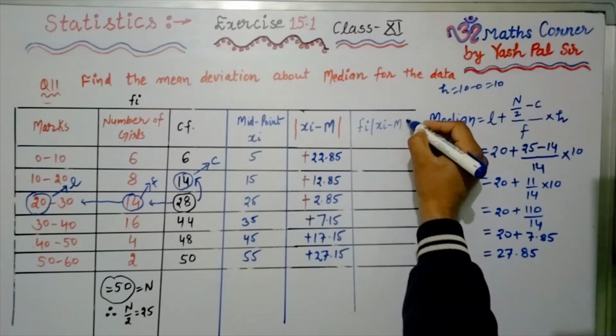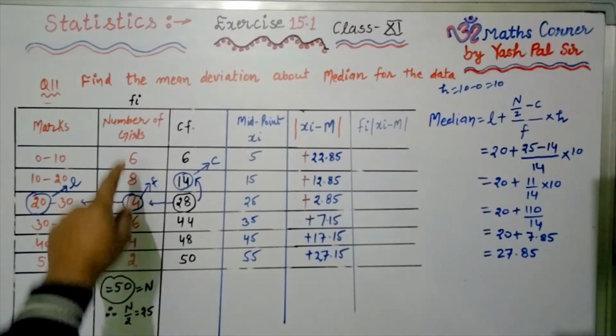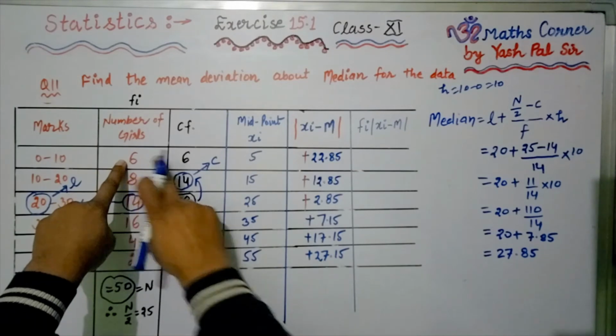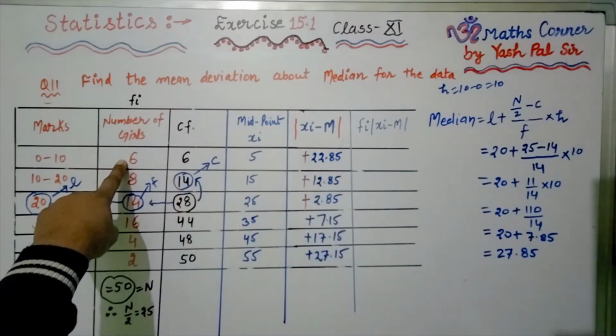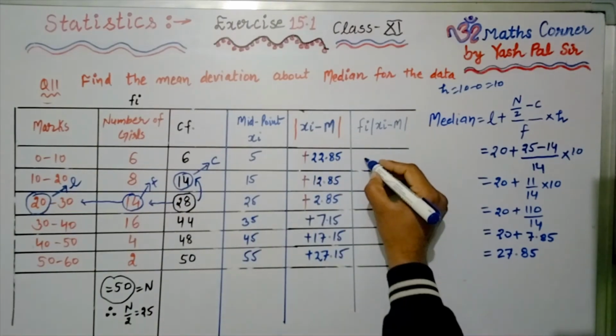Now we find the value of fi into modulus of xi minus m. Where is fi?